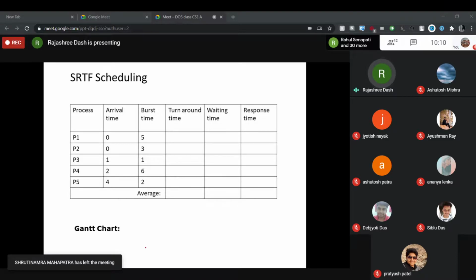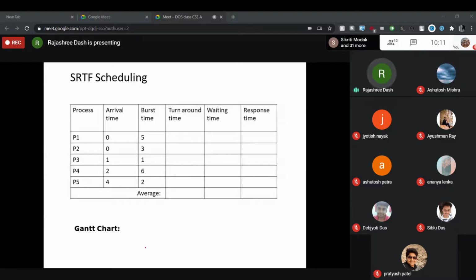If the arrival times are different, only then will preemptive or SRTF be different from non-preemptive. So for the 5 processes, P1 and P2 have arrival time 0, P3 has arrival time 1, P4 has 2, and P5 has 4.